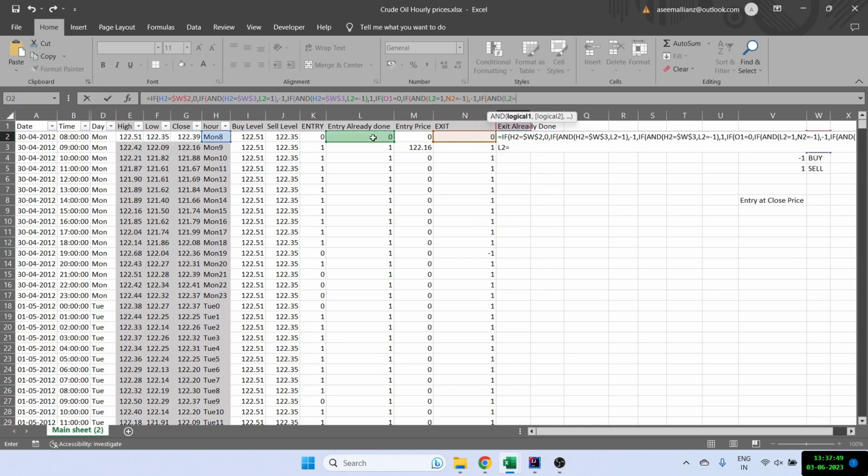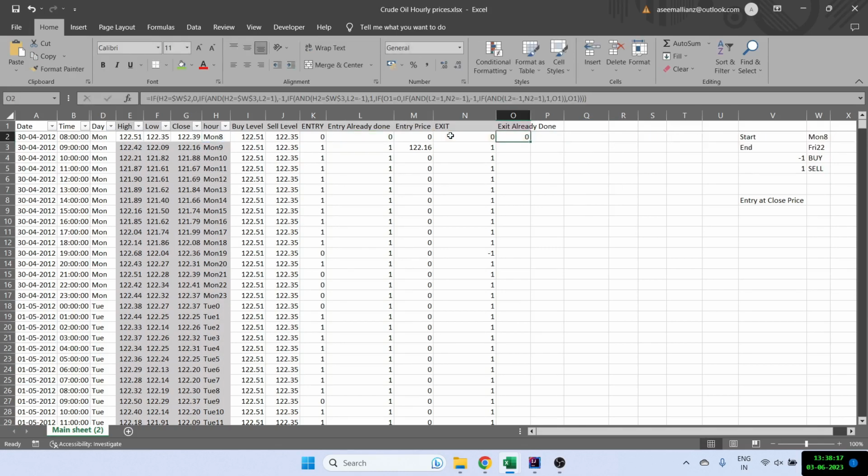If L2 is equal to -1 and if N2 is equal to +1, then I will go for one exit, and finally I will just do otherwise O1, which is the previous data, that means I've already taken an exit, and I'll have to do O1 again.